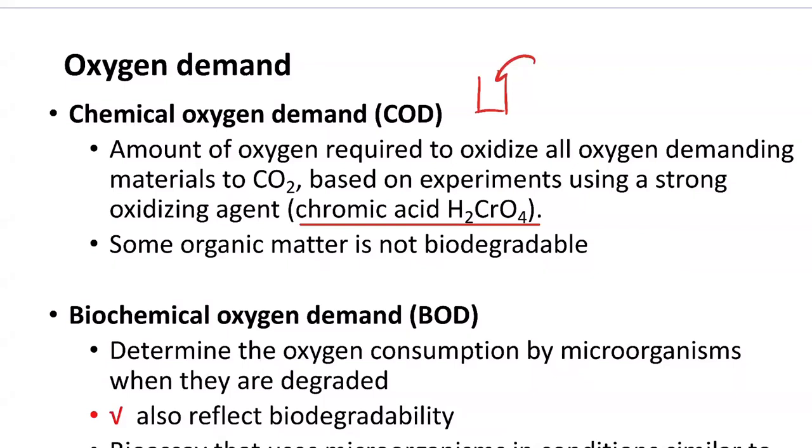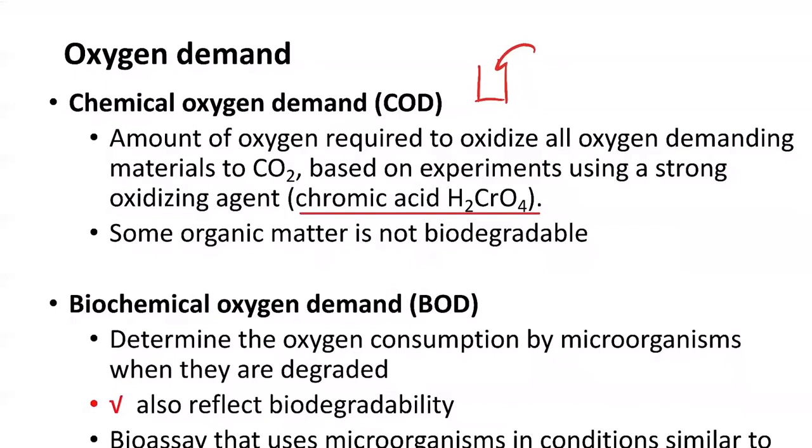Anything that meets this oxidizing species will get oxidized into carbon dioxide and water. So we can know the concentration of the chromic acid in the beginning, and the concentration at the end, after we mix this solution. Then the change of the concentration of the chromic acid would correspond to the oxygen demand.